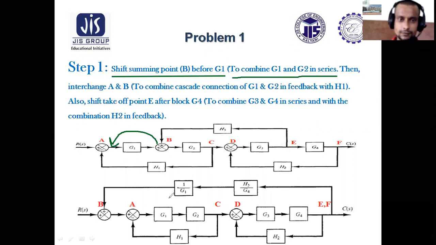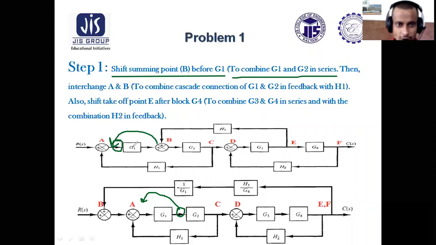Now, when B is shifted before G1, initially this was the summing point, now B is shifted before G1. But after that, what did we do? See, if the summing point is shifted here, then G1 and G2 will be in series.